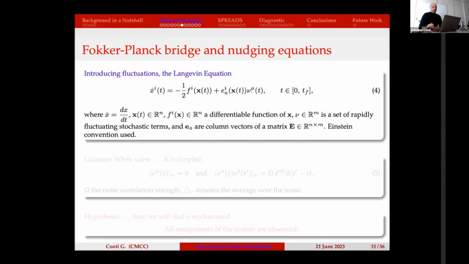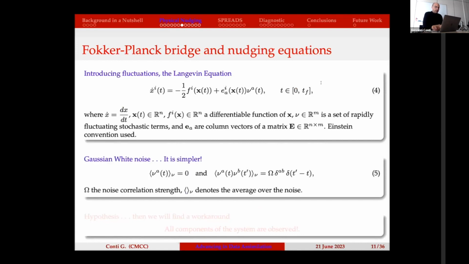This nu represents some fluctuation, and sigma_i is the modulation of this fluctuation for this component. Now, the fluctuation, just to keep the problem easy, is Gaussian and white, so the mean is 0 and the correlation is a delta in time. This omega actually could be absorbed in this modulation.